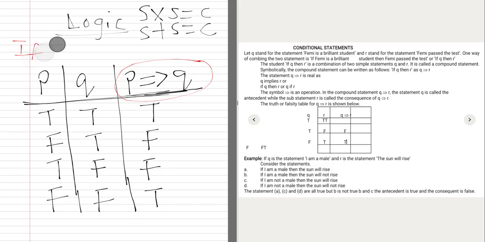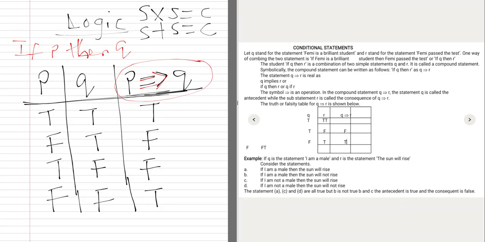If P, then Q. Don't mind my writing this morning. If P, then Q. That is what we mean by compound statement. So this is the notation. This arrow like this means implication, the conditional.